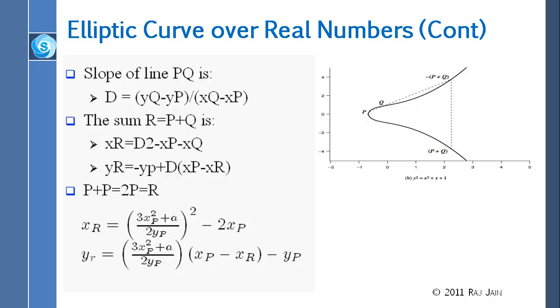So there's nothing new here, except that we have done the calculation for you. Basically, you don't have to calculate the slope and find the intersection and find the reflection, but if you do that, you should get these values. So if not in this exam, but in a later exam, we ask you to do elliptic curve cryptography, then you will have to use all these formulas to get xr and yr.